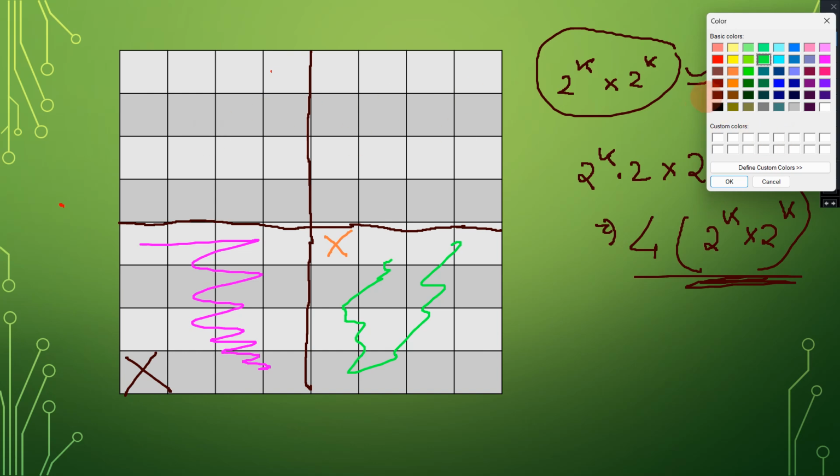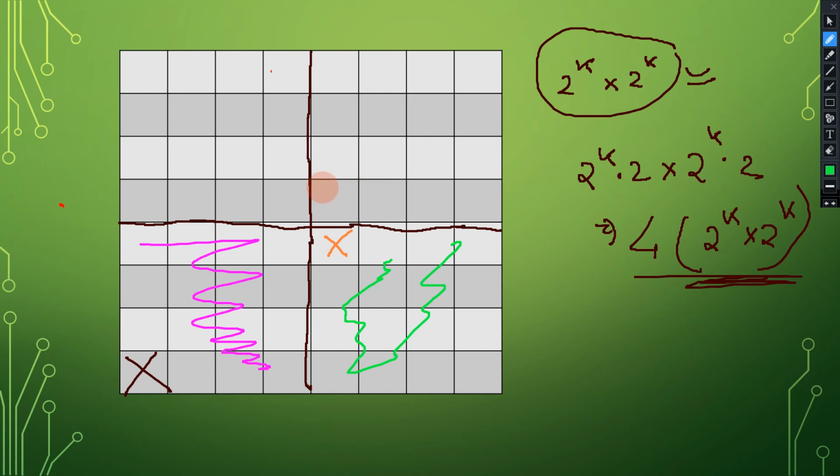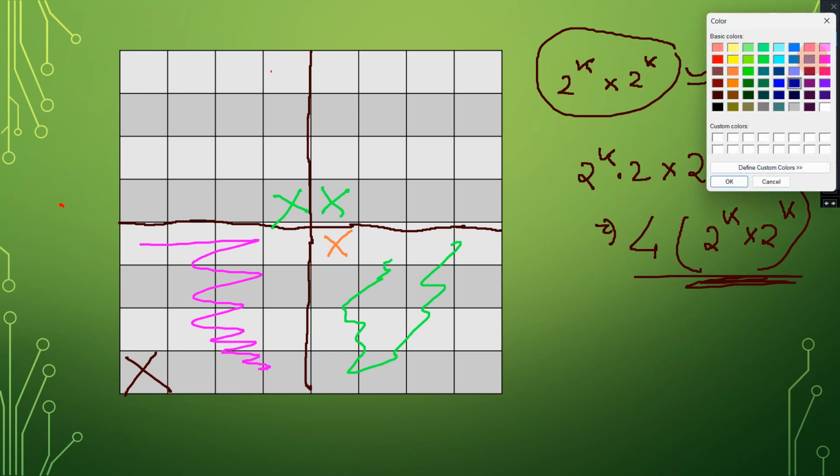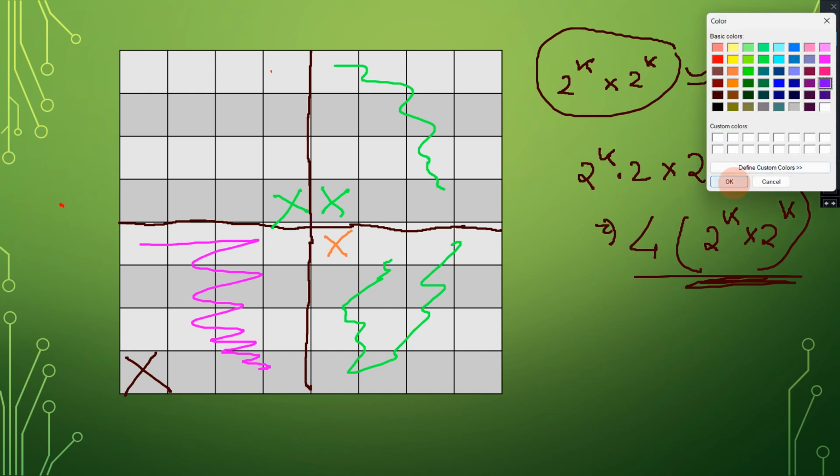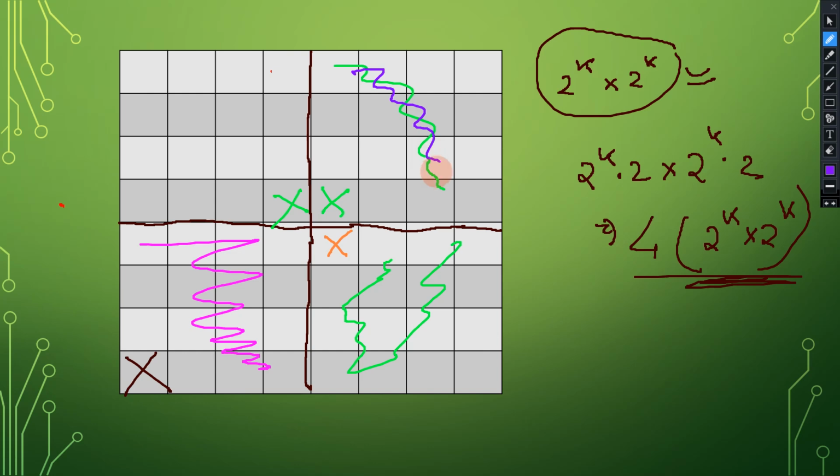Similarly, we do it for the upper 2^k by 2^k smaller checkerboards as well. We assume this part is removed, this part is removed, and the remaining checkerboard we can tile completely using triominoes.